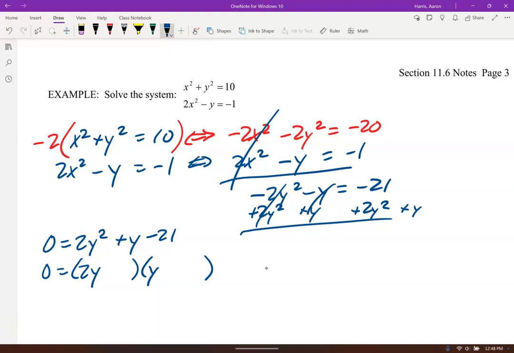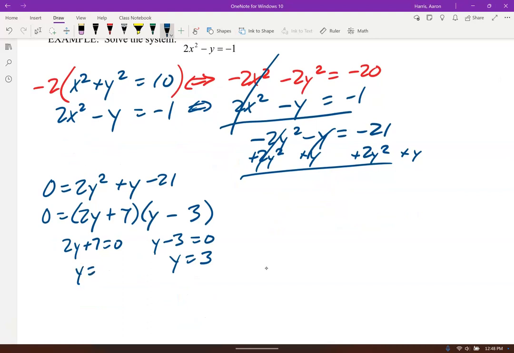And we could go 7 and 3. Let's see, that'd be a plus, that'd be a minus. Let me double check that. 2y squared minus 6y plus 7y minus 21. There we go. Set each one equal to 0. So 2y plus 7 equals 0. Y minus 3 equals 0. So we got y equals 3 or y equals -7/2.